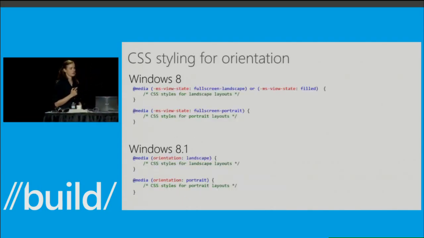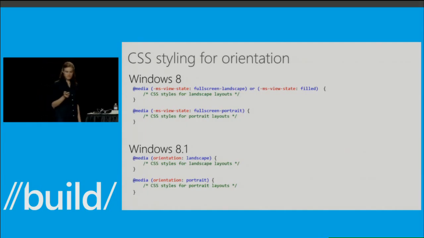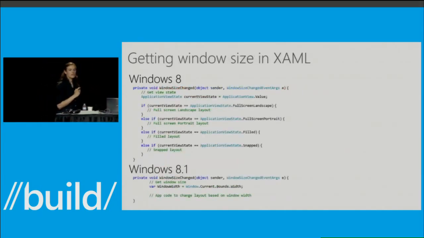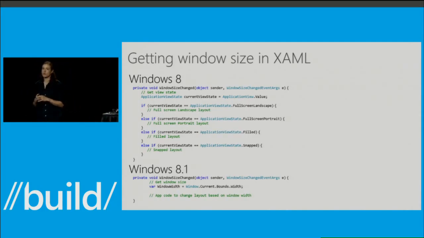And again, querying for that orientation in your CSS files, we encourage you to use the new or the standard orientation CSS property directly. If you're using XAML, you might have had a very similar piece of code to what was in HTML, where you used application view.value, and then you use this 4 returned states.